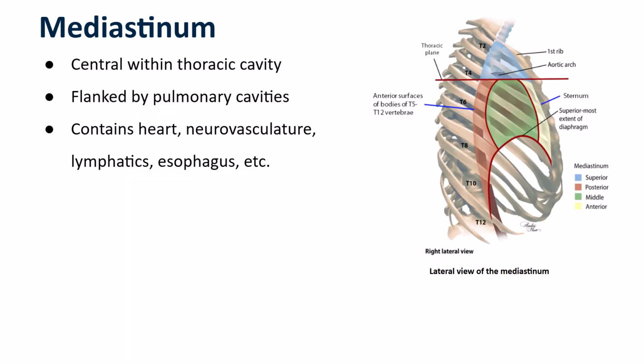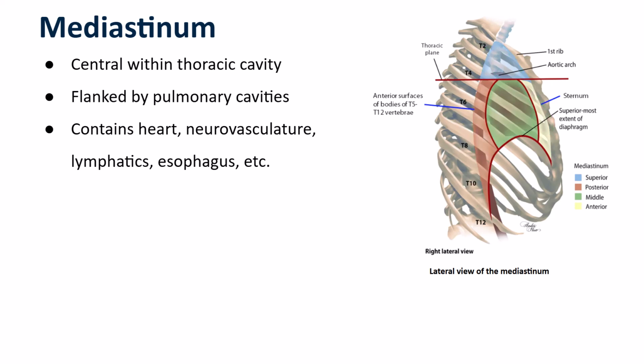Central to the pulmonary cavities is that of the mediastinum. It's the most central thing within the thorax. Over here is a lateral view of the mediastinum, and we have different colored spaces here that denote different parts. So there's a superior mediastinum, an anterior mediastinum, a middle mediastinum, and a posterior mediastinum that we'll get into shortly.